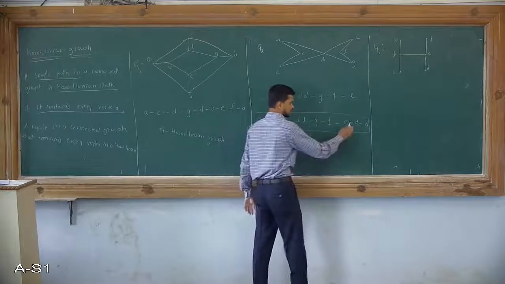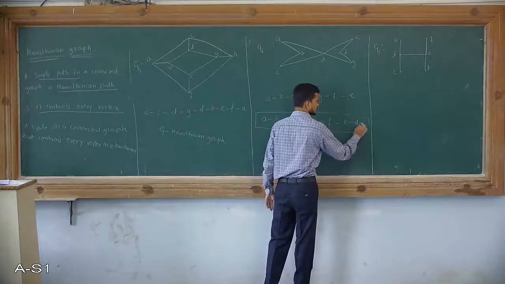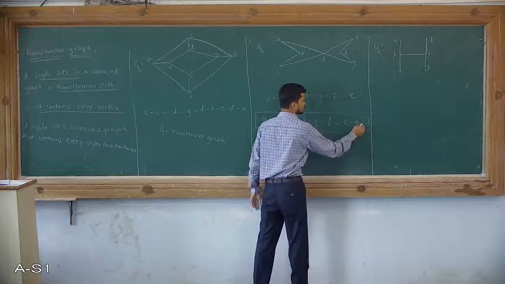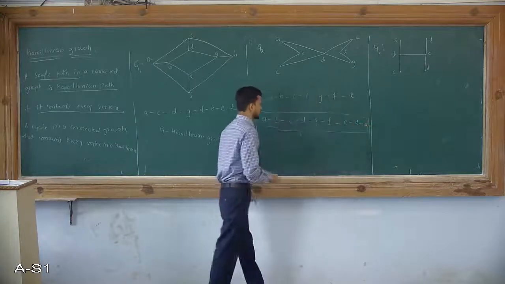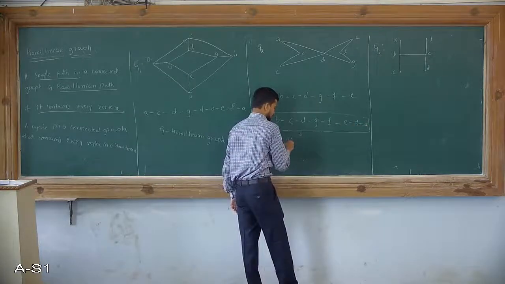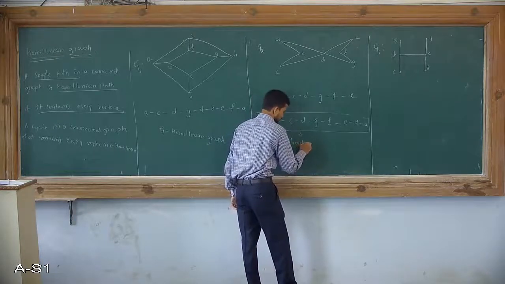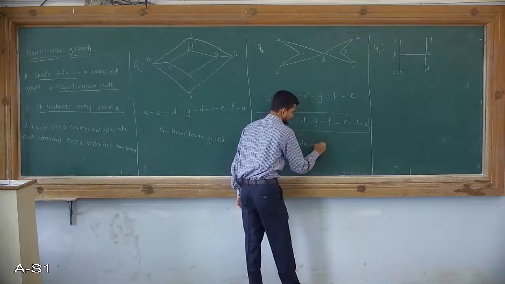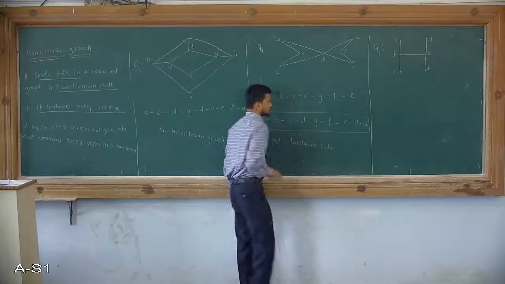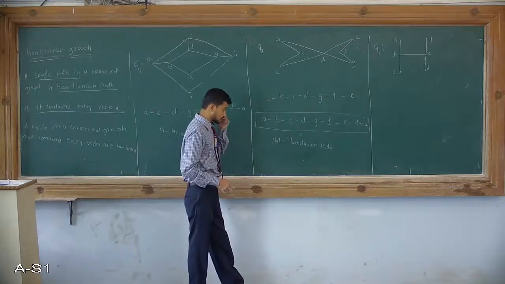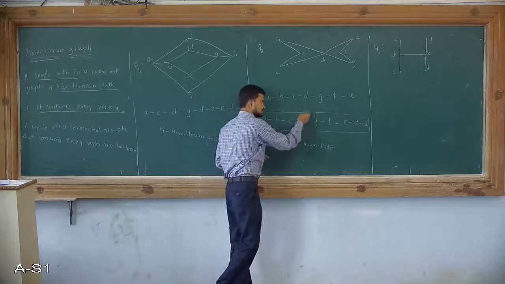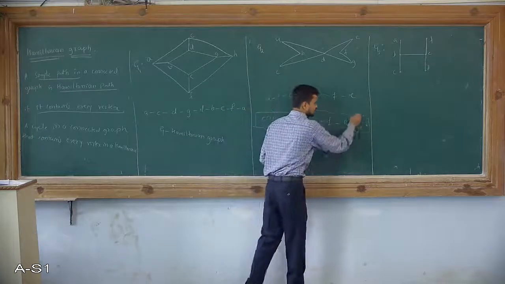So if I neglect this, okay, I will consider it here. It is not a Hamiltonian path, because the vertex D is repeated twice.